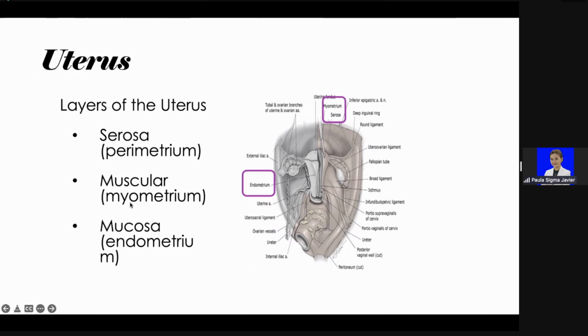And then the mucosa or the endometrium is the innermost layer here inside. The innermost mucosa layer of your endometrium is the one that sheds off during menstruation. Also, it is where your fertilized ovum implants. So the endometrium is where your fertilized ovum implants.